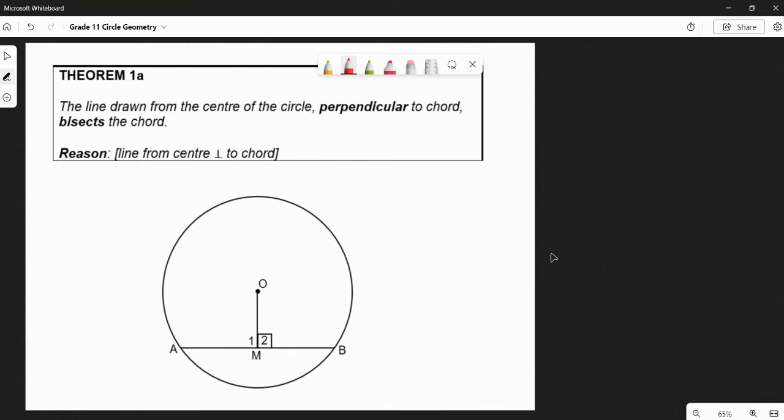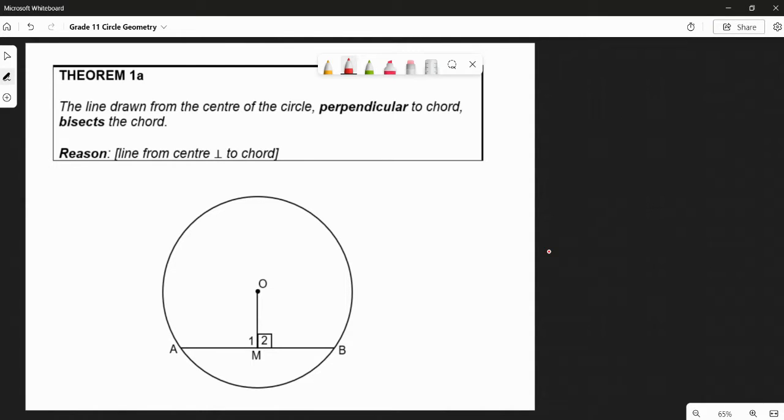As you see, OM is the line from the center, and this line, as we draw it from the center, forms a 90-degree angle. According to the theorem, if the line is from the center and is perpendicular to the chord, it must bisect the chord.